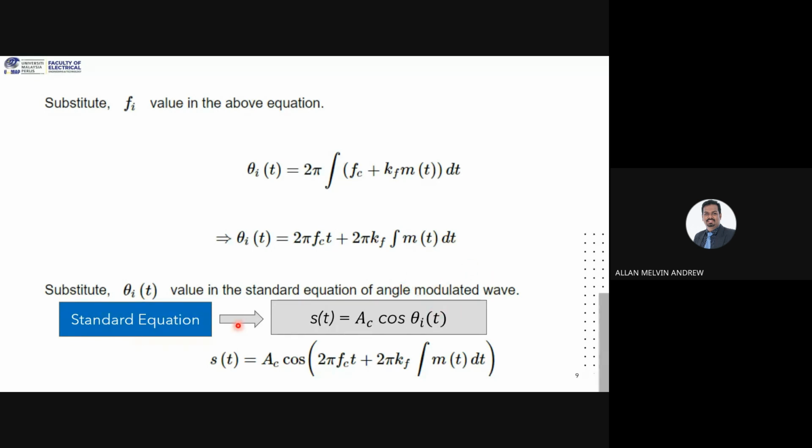This is the standard equation: s(t) equals Ac cos of the angle with respect to time. We already found the angle in terms of time, so you are replacing this value inside the standard equation. Once you replace it, you will get this formula. You can see Ac here, cos, then the angle, so the angle is this, and we are putting this inside.